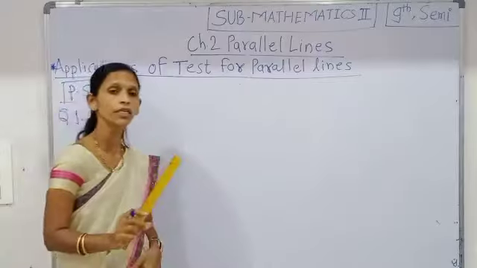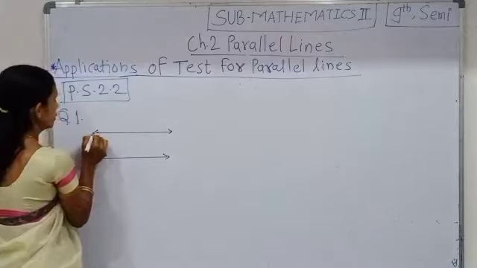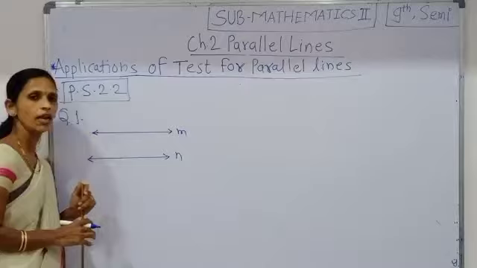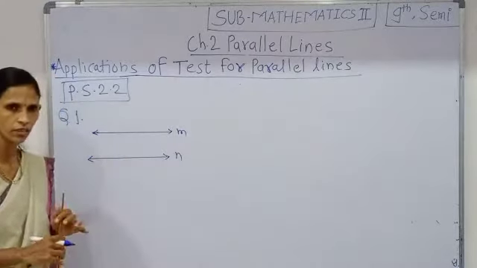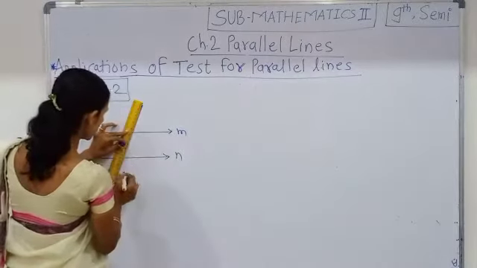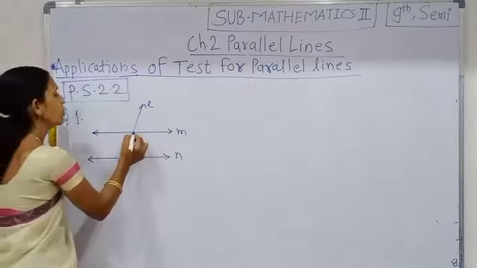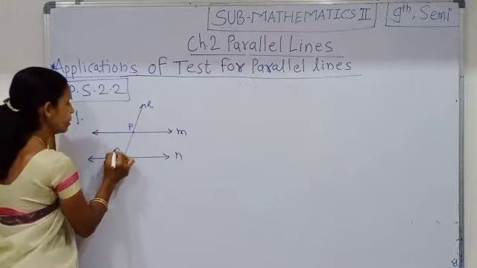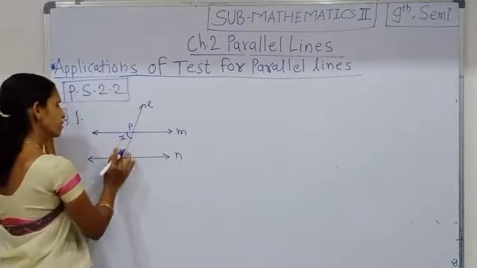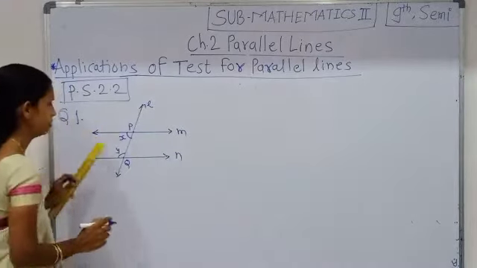The figure is given in which two lines, line M and line N, are given, whereas line L intersects those lines at different points, point P and point Q. And angle X and angle Y are given.